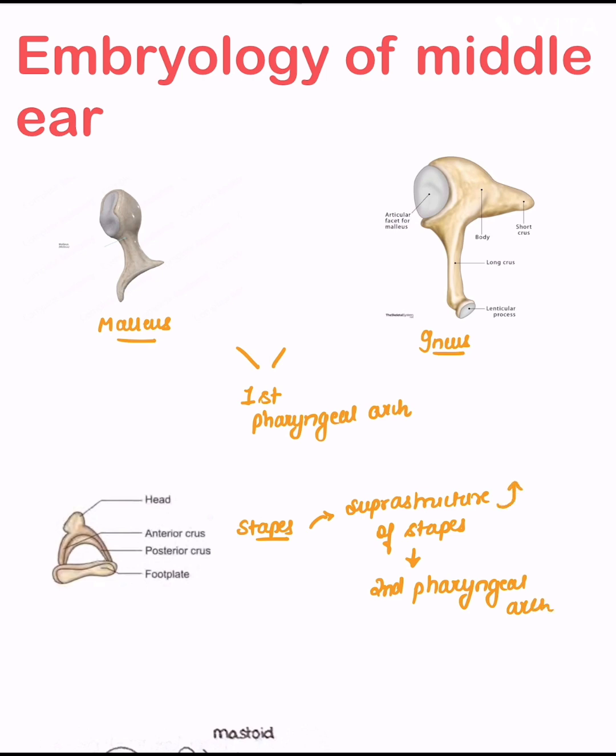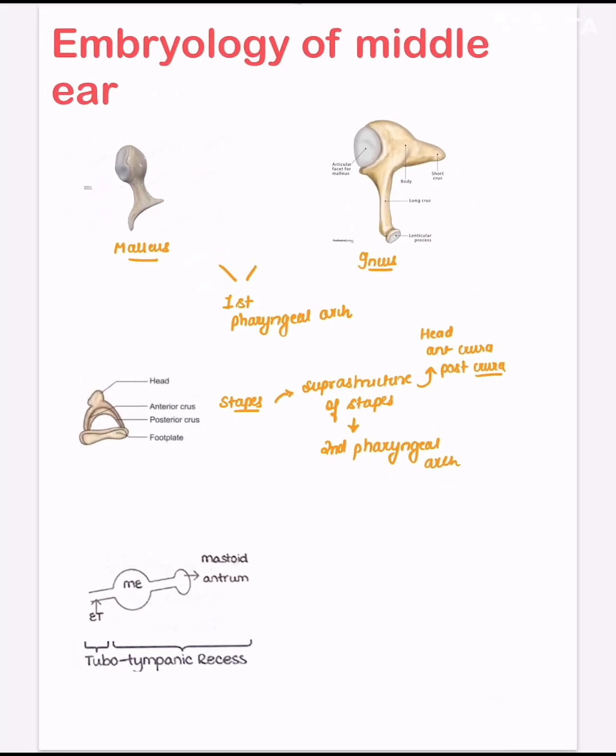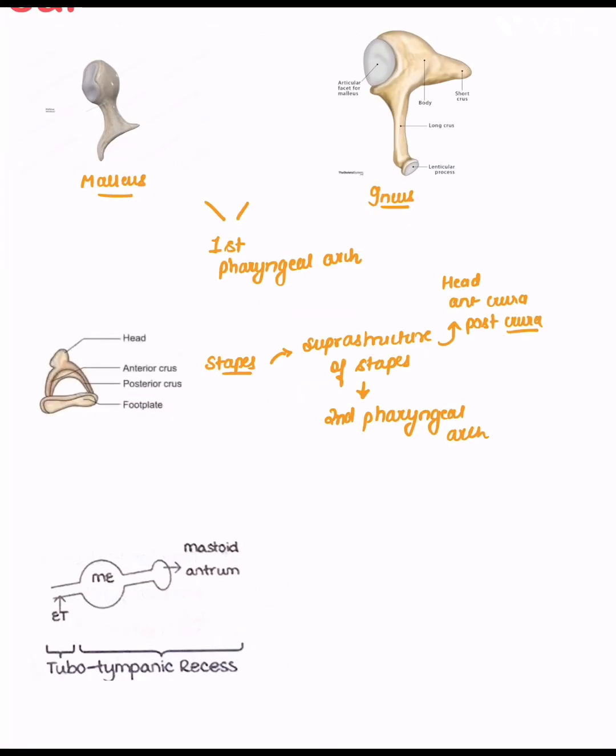The suprastructure includes head, anterior crura, and posterior crura. The tubotympanic recess develops from the endodermal lining of the first pharyngeal arch.